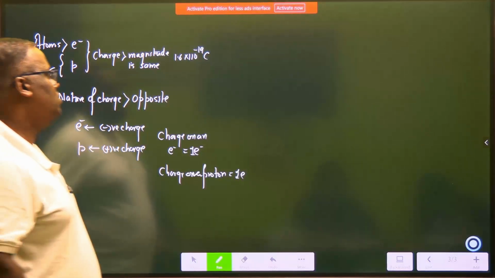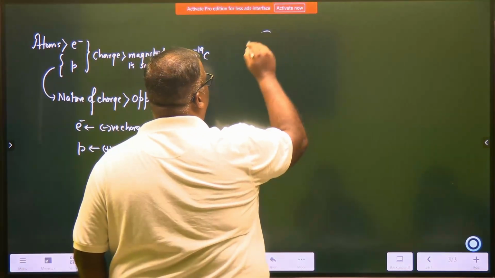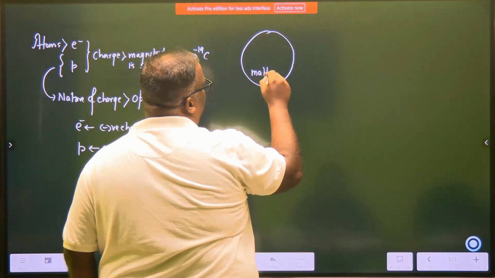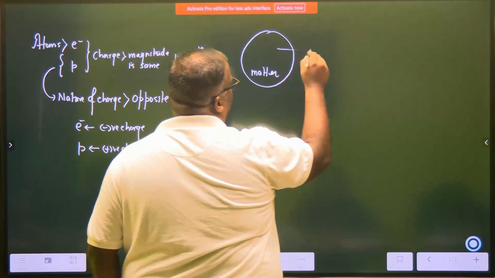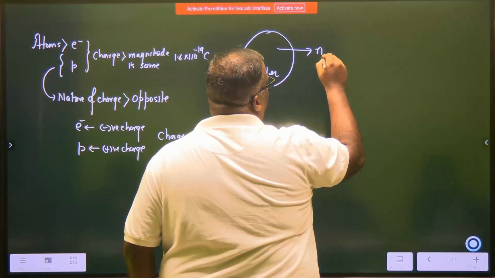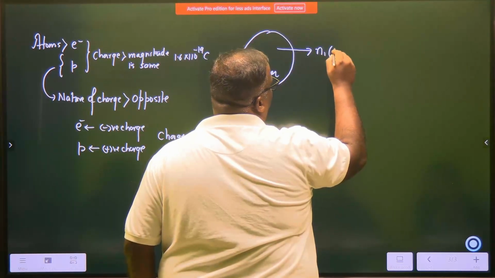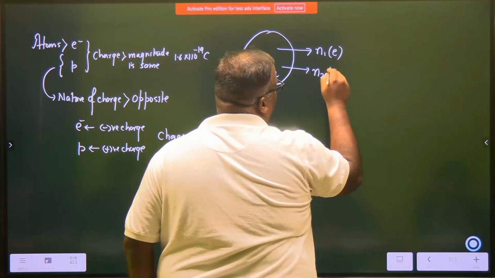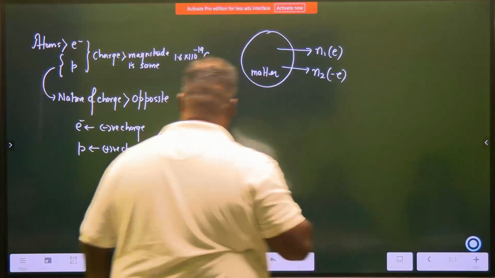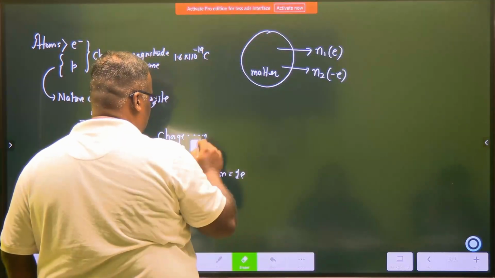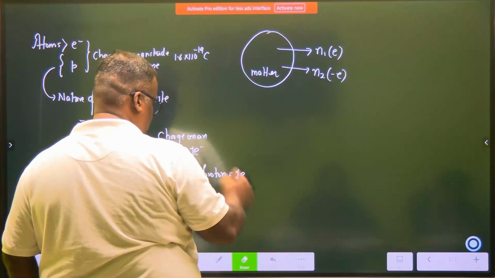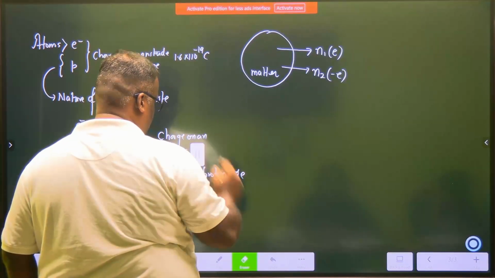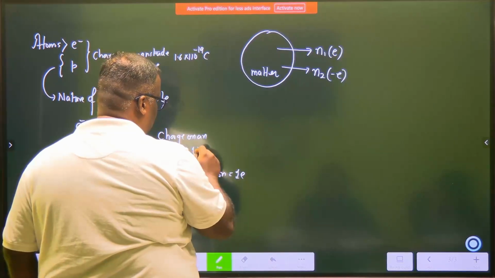So if you take matter, the charge present in matter can be attributed to n1 number of positive charges and n2 number of negative charges. I would write this as plus e for each positive charge and minus e for each negative charge.